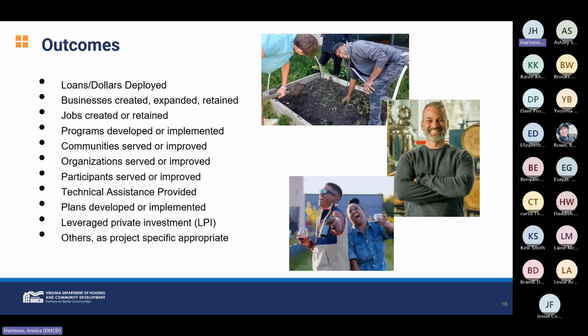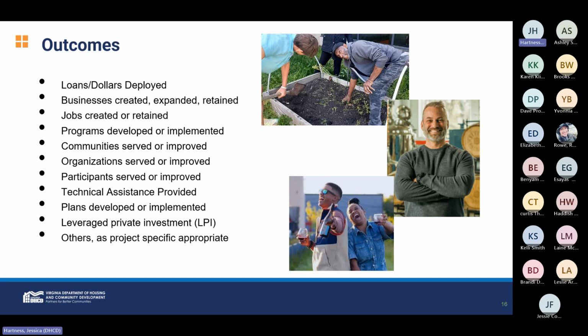Outcomes. So I mentioned outcomes earlier. Outcomes is actually one of the attachments that you would provide in the application that we have a template for. But when we talk about outcomes, we want to know with the program that you have outlined and that you'd be applying for funding for, what would be the impact?